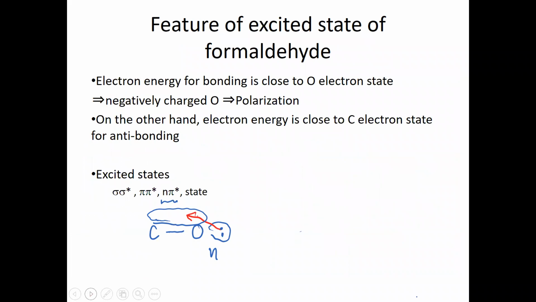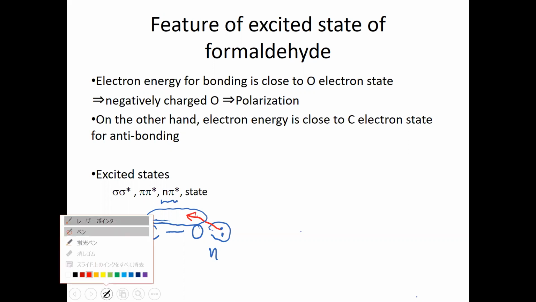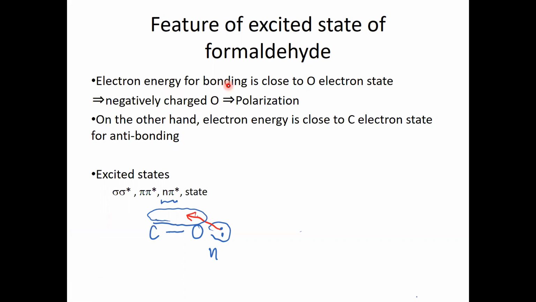Just by drawing this energy diagram, we can learn several things. One of them is that in the ground state, the electron energy for bonding is close to the oxygen electron side, meaning the electrons in the bond are closer to the oxygen side.